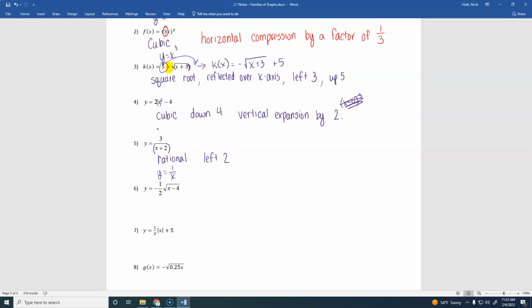It is like it's multiplying, because I could write this as 3 times 1 over x plus 2. Because that would be like 3 over 1. I would just multiply straight across to multiply it back. I'd get 3 over x plus 2 if I did that. So when it's in the numerator there, it is like it's being multiplied. So if you are multiplying on the outside of the parentheses, what would we have, Monica? Vertical expansion by a factor of 3.